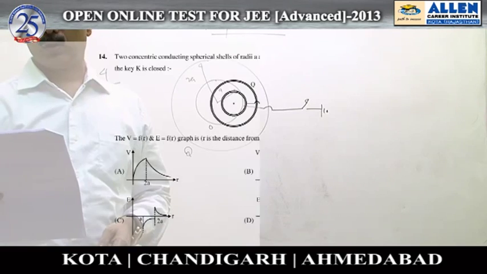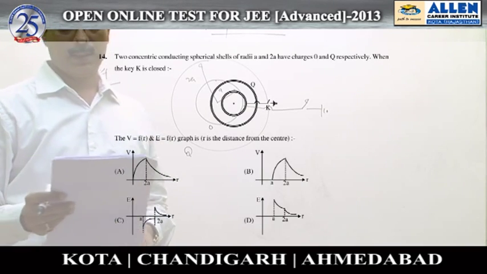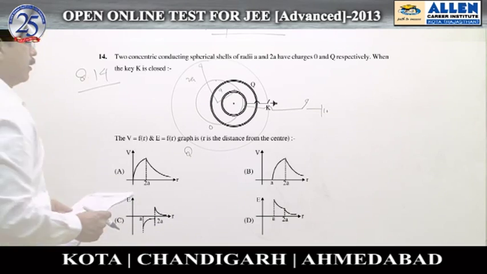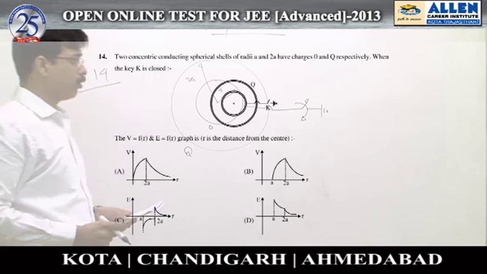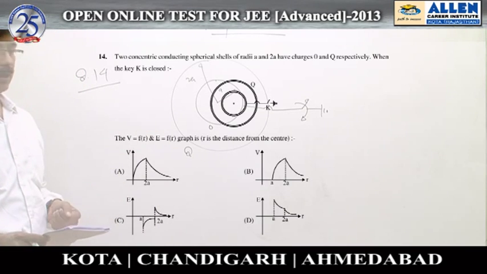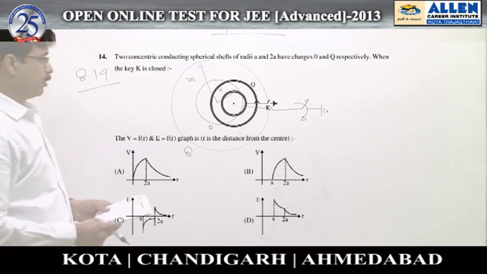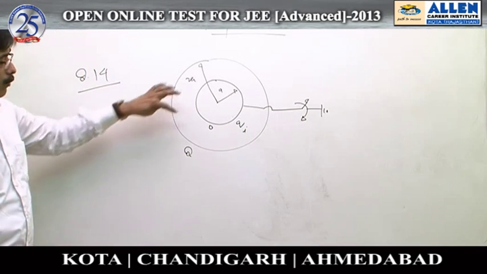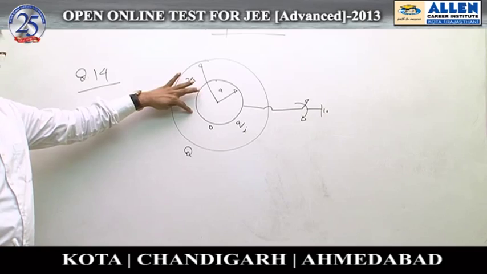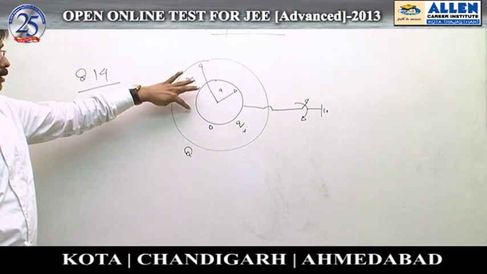So next, question number 14. In this question, first of all, we have to find the charge appearing on the inner shell after grounding it. So we assume the charge Qi appears on it. The net potential of this shell must be 0 since it is grounded.